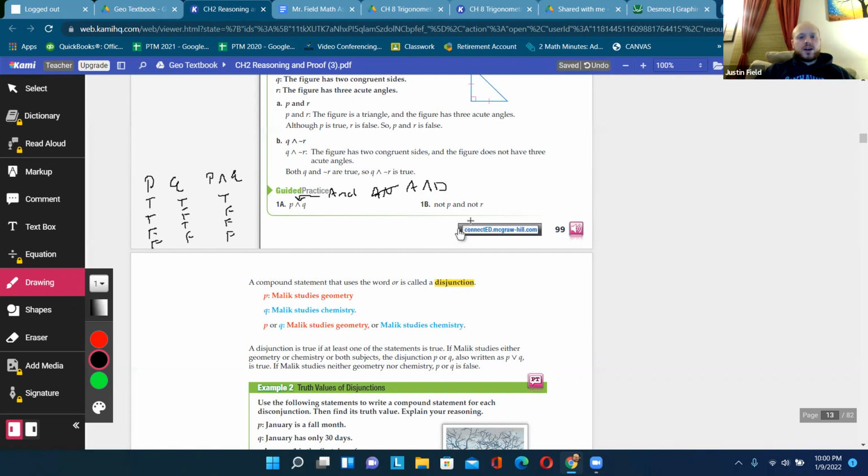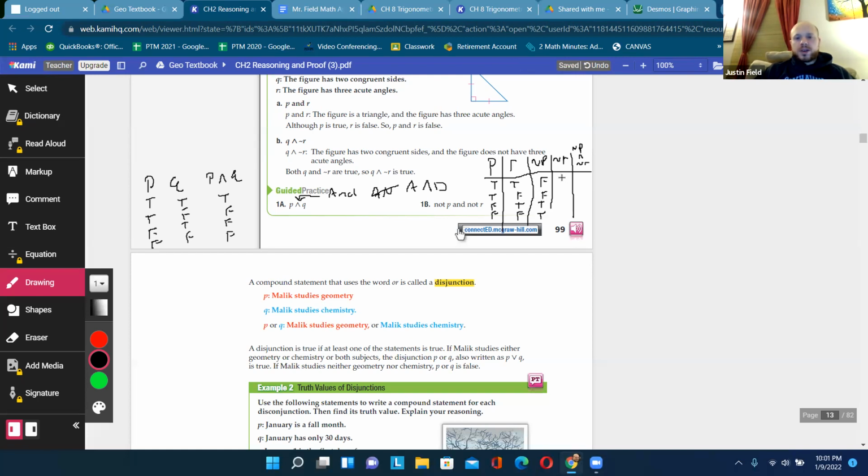Not P and not R. Oh, okay. So not P and not R. So we'll still start out the same way, rotating, and then not P and not R. So now we're going to have to make not P, not R, then not P and not R. Okay, so not P is going to be false, false, true, true.